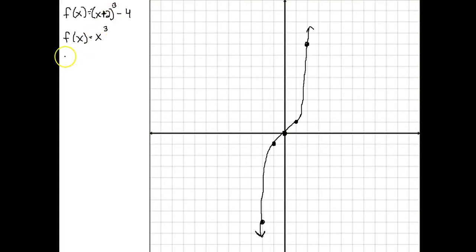Now, your original domain for f of x equals x cubed is negative infinity to infinity. Your original range is negative infinity to infinity. So shifting left, right, up, down is not going to affect your domain and range.